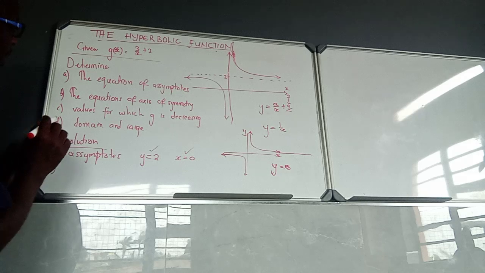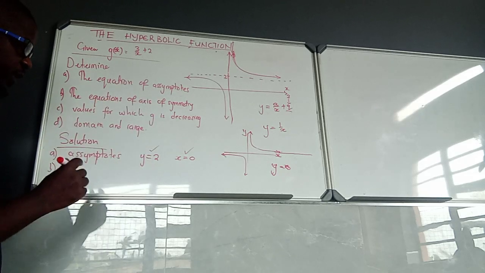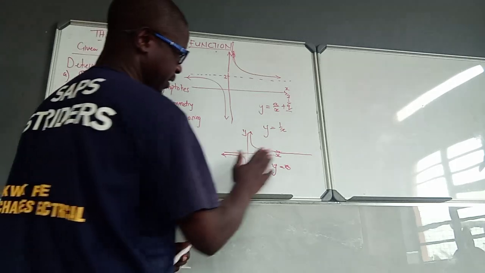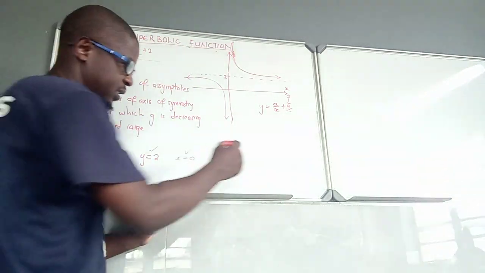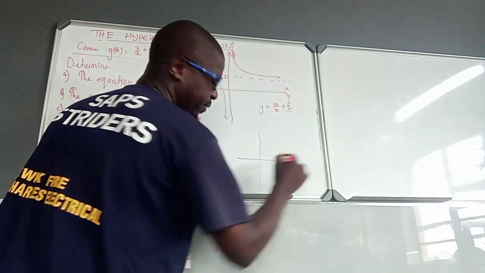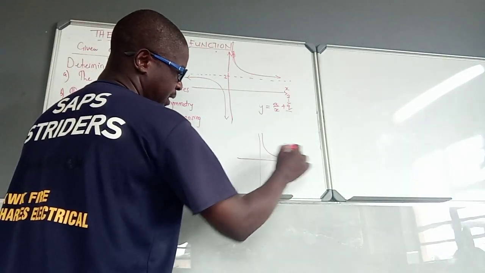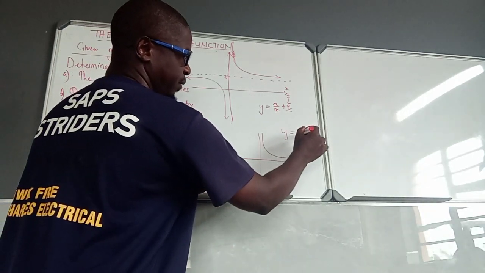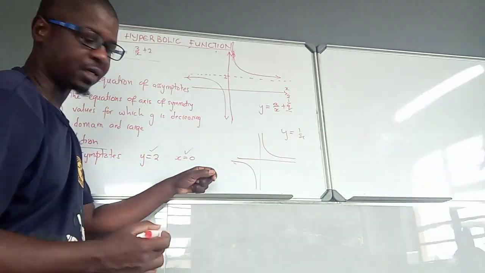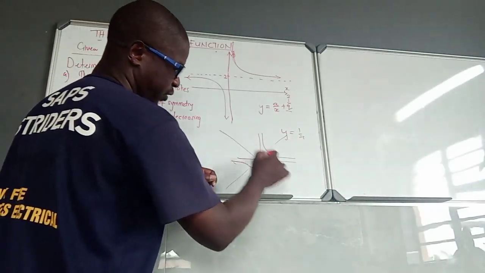Part B, equation of the axis of symmetry. Once again, I'm always bringing the mother graph for the sake of explanation. If I have the graph of y is equal to 1 over x, which is the mother graph, the axis of symmetry is these two lines.